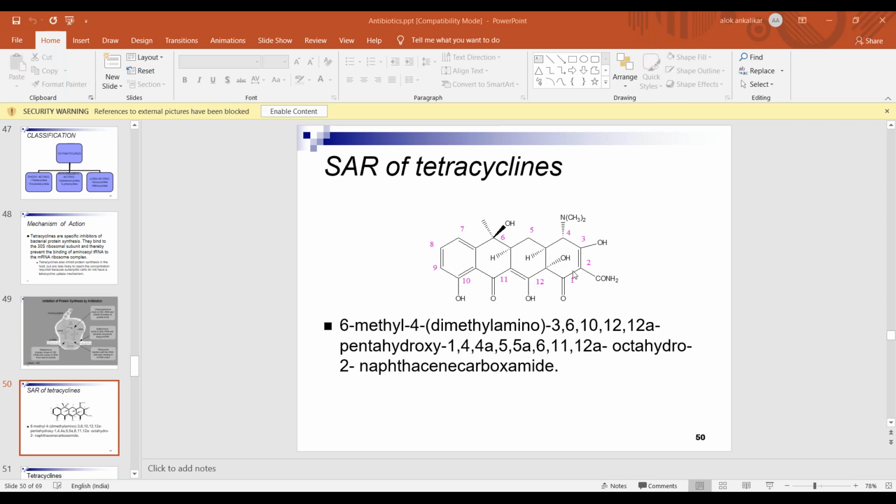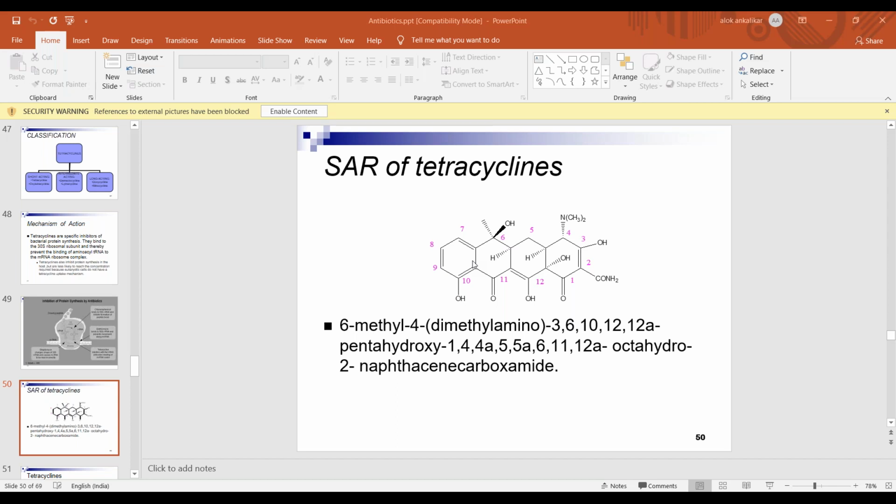It should have 4 six-membered rings fused with each other. You cannot have only 3 rings or only 2 rings; you are not going to get any antibiotic activity. So all derivatives should contain 4 rings. If there are less than 4 rings, then the compound is inactive in nature.